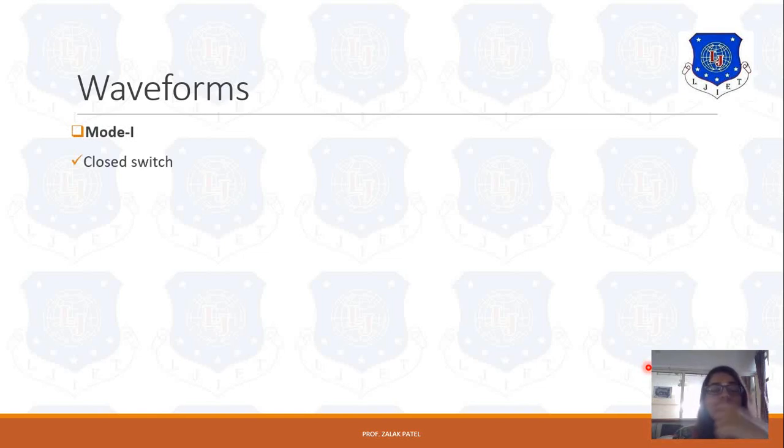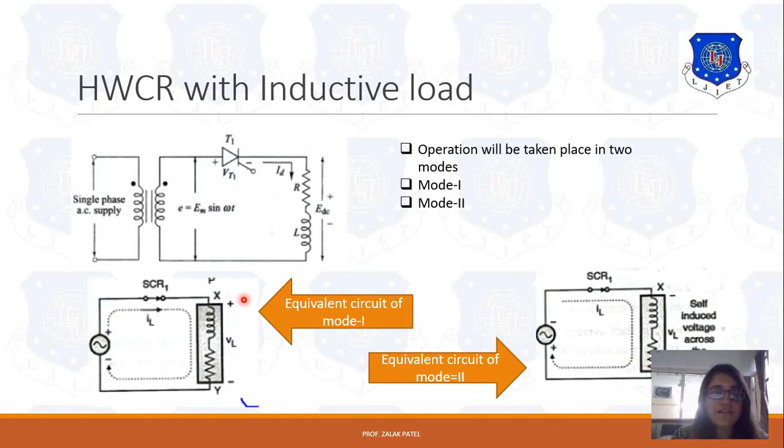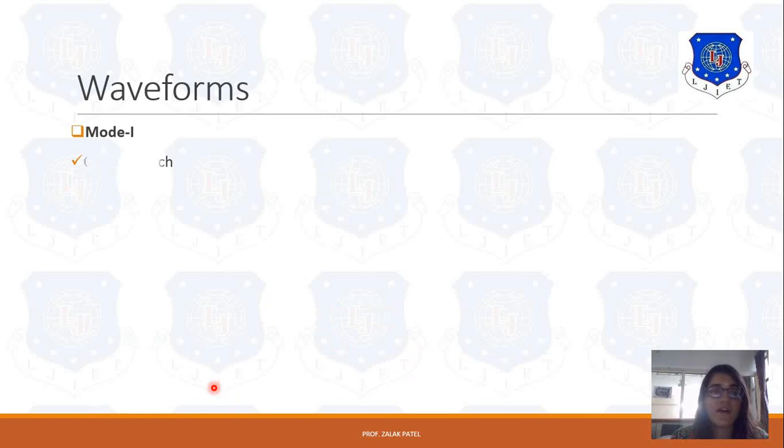So now according to it, let's see the operation as well as the waveform. For mode 1 we see that the SCR will operate as a closed switch, and point X is comparatively positive with respect to Y. If you see in this diagram, X has a positive polarity compared to the Y terminal, that's why it acts as a closed switch.